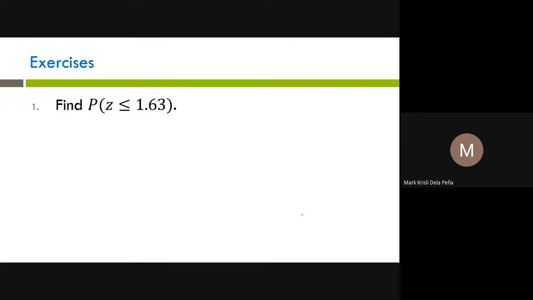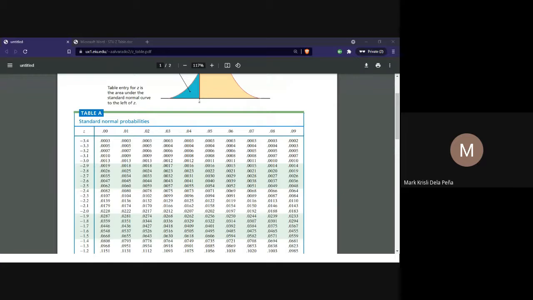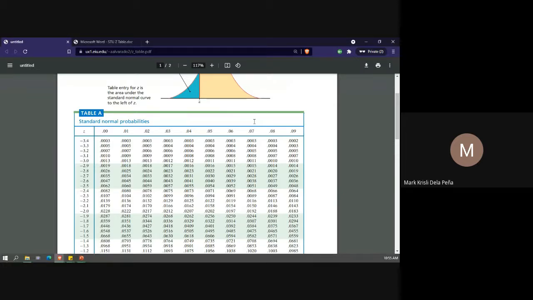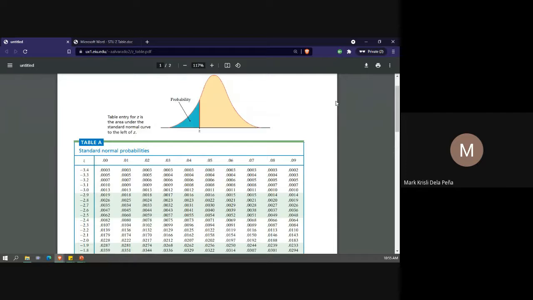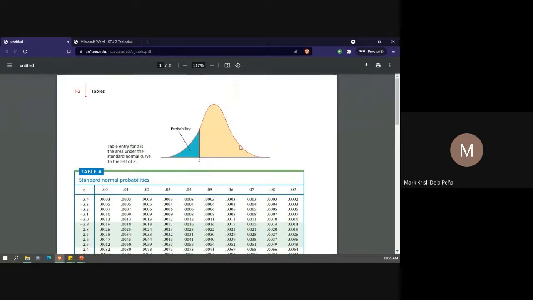Let's take these examples. Find the probability of z less than or equal to 1.63. Now I have here two sites, two websites. One has a better resolution, better images.